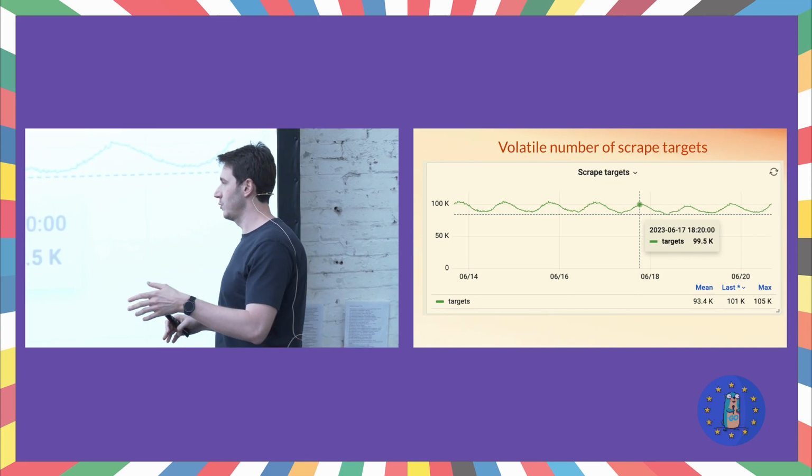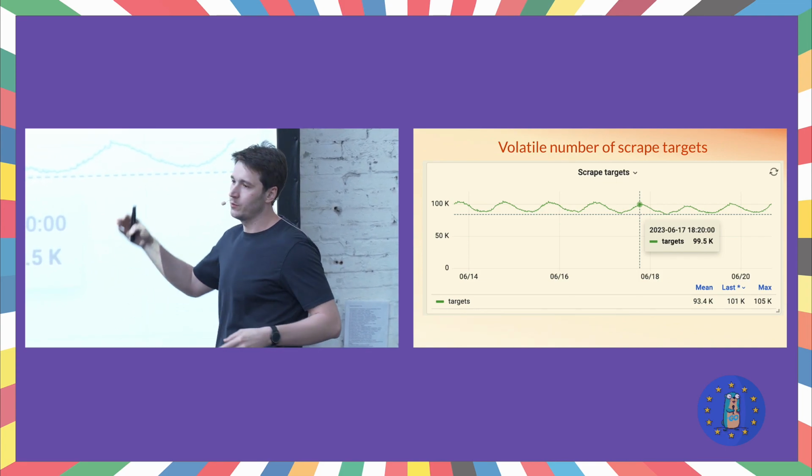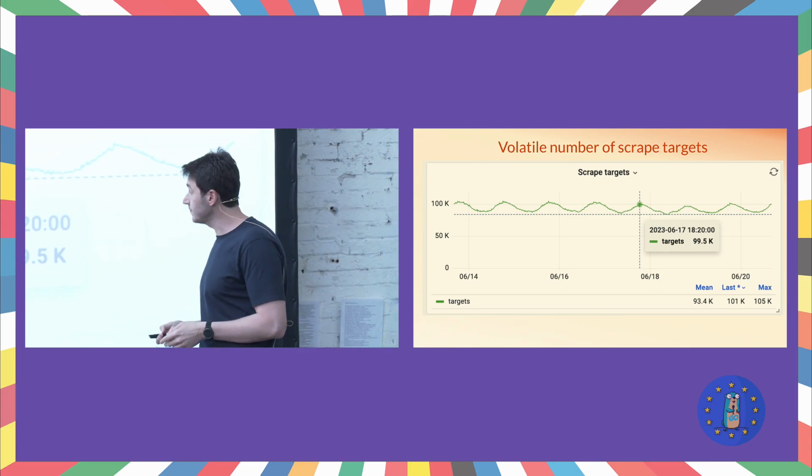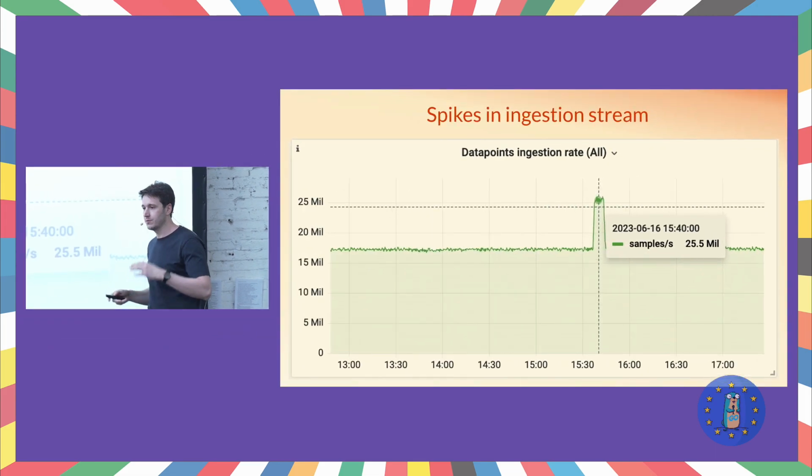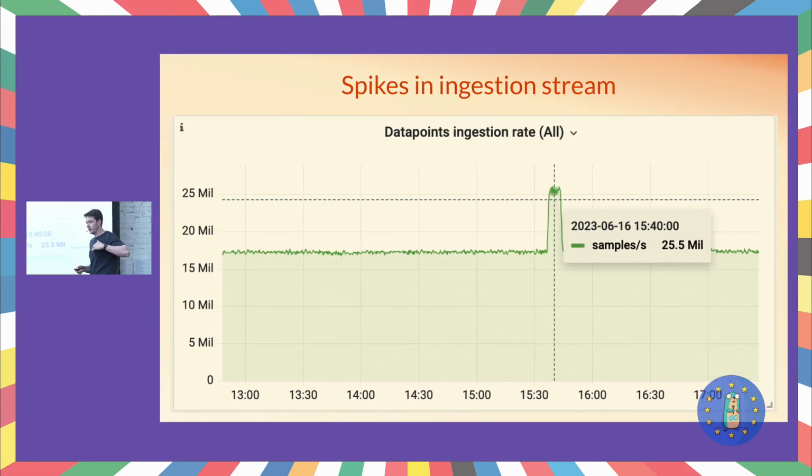In the evening we have about 90K, and in the morning we have 100K that we need to scrape. The same happens with ingestion. There are sometimes really huge spikes of metrics we need to process because someone deployed a new application, or a new set of applications, and they expose new metrics. Or just because of a mistake in metric names or something like that, something generated a really huge spike of data that we need to process.